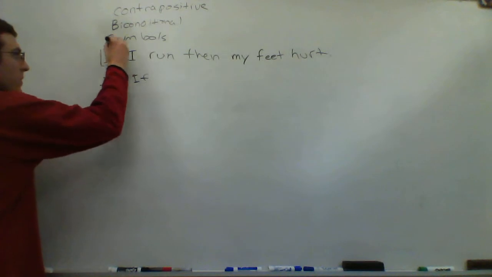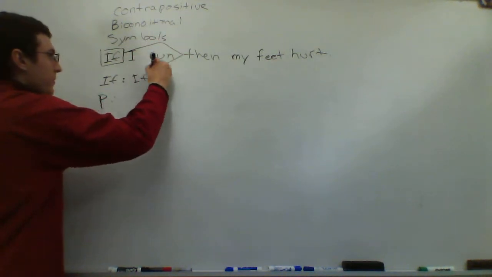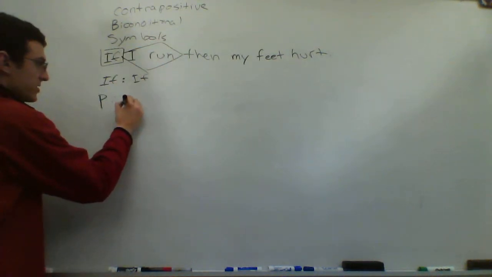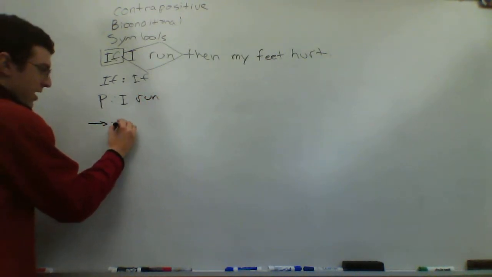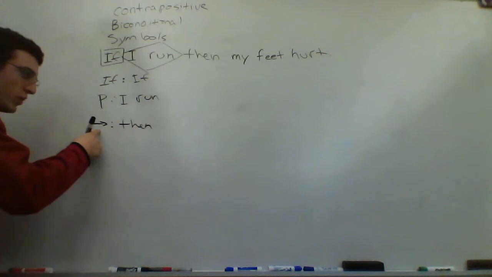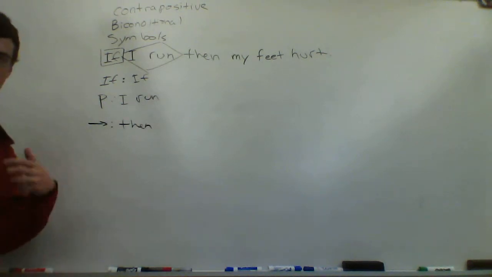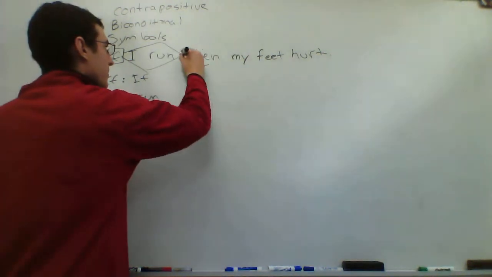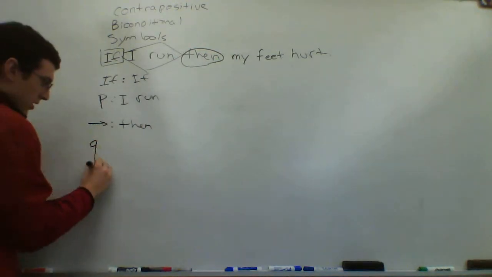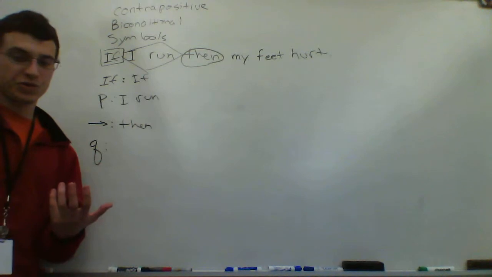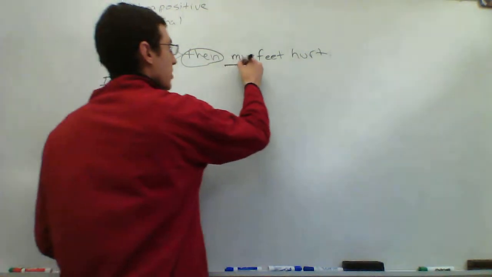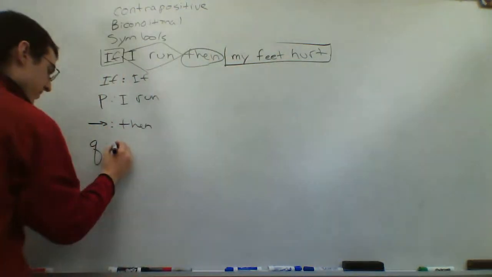So our hypothesis here is I run. Then we have our then, which is often denoted as an arrow. And finally, we have our Q, or our conclusion. This stuff is going to sound old to you after a while, I apologize. But our conclusion here is my feet hurt.